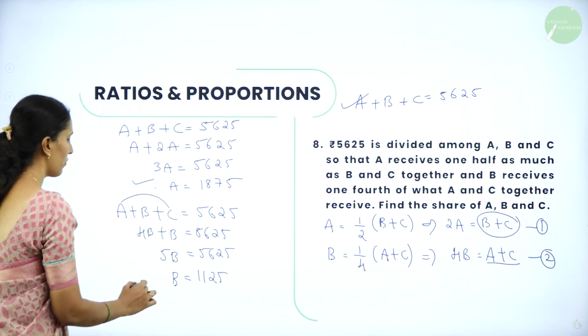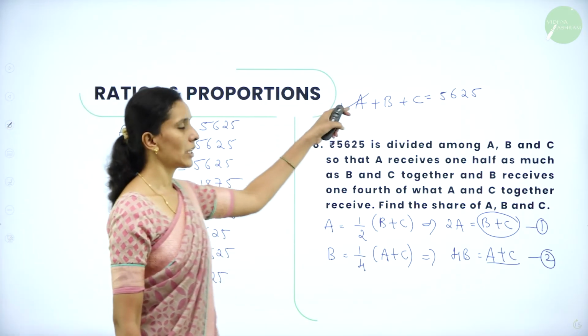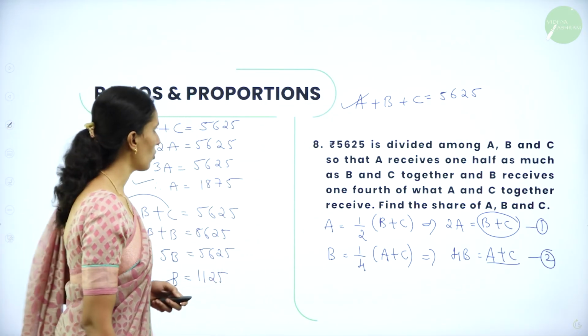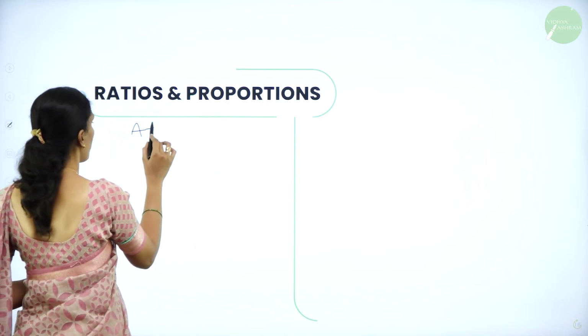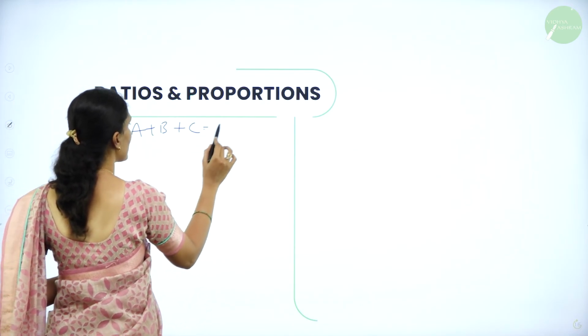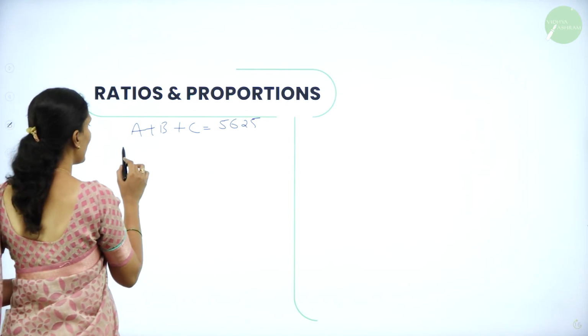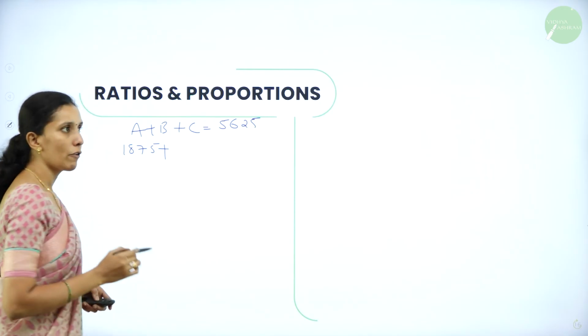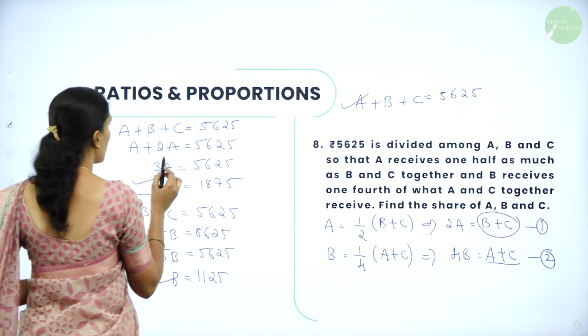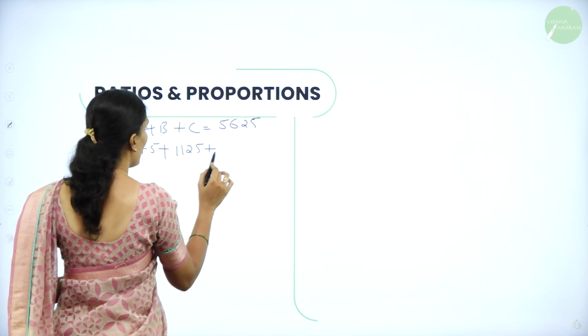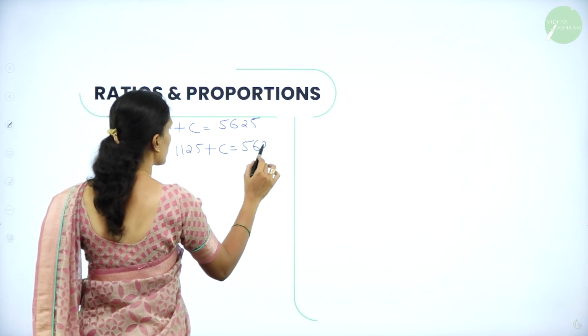Now you got the value of A and value of B. Again, using the same equation, we can find the value of C. So that is A plus B plus C is equal to 5,625. What is the value of A we got? 1,875. Similarly, what is the value of B we got? That is 1,125. Plus C is equal to 5,625.